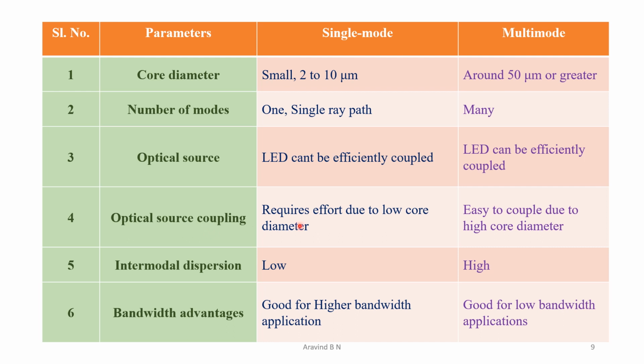Optical source coupling requires a lot of effort, so here it can be easily and efficiently coupled. Intermodal dispersion: single ray, therefore it is quite less. Here several rays, therefore it is high. Bandwidth advantages: good for higher bandwidth application, and this one good for low bandwidth applications.